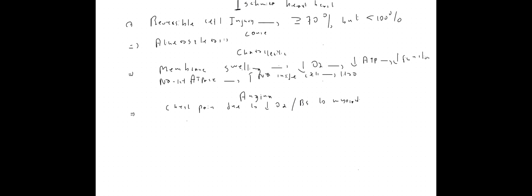Okay. Now, depending upon the cause and the symptoms of angina, we have three types of angina. The first type is called stable angina. Stable angina is defined as what? You get chest pain with exertion. When you get chest pain with exertion, that is called stable angina.